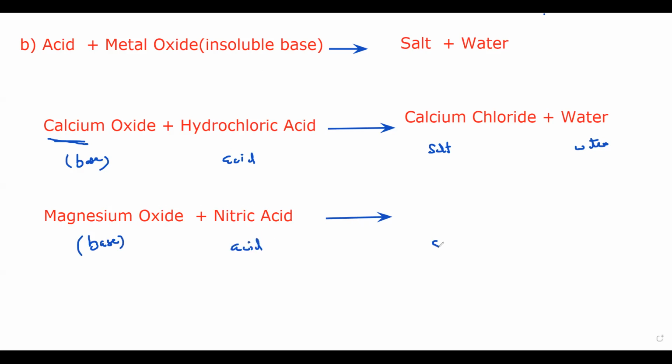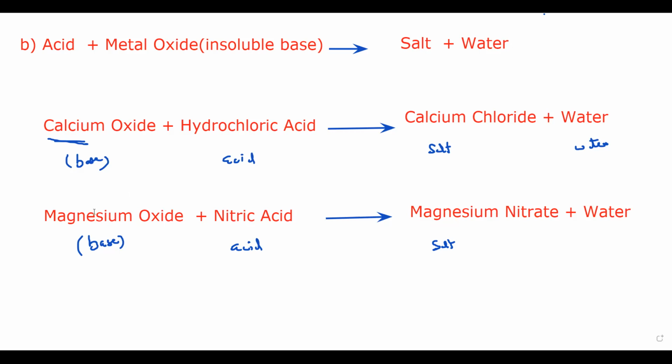So this will result in the formation of a salt. The first name of a salt is always a metal. So which metal is there? Magnesium, so it will be magnesium. The second name is from the acid, because it's nitric acid, so this will result in the formation of nitrate, plus water as a product. So whenever metal oxide, also known as insoluble base, reacts with acid, the result will always be salt and water.